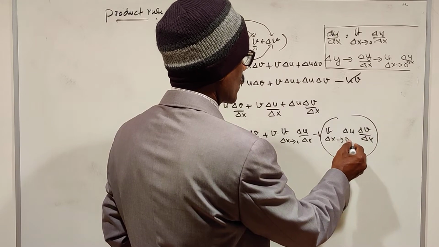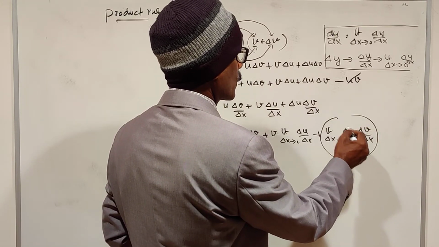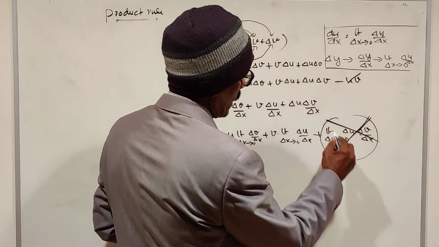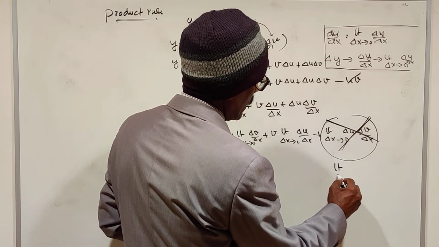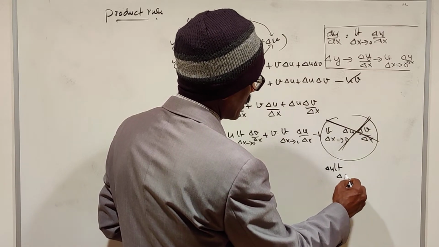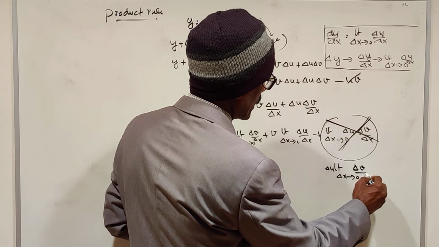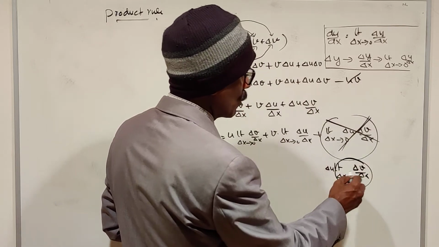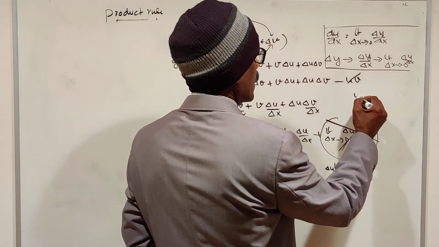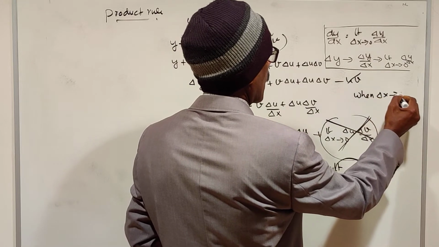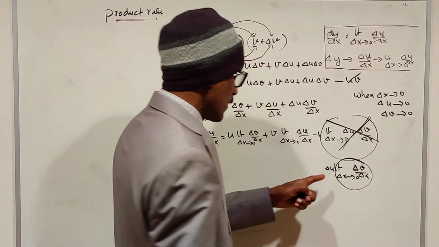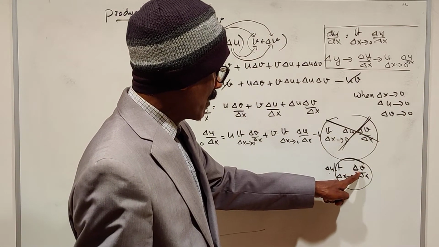So when delta x tends to 0, delta u also tends to 0, and this term cancels out. I take delta u outside, limit delta x tends to 0, delta v by delta x. This is dv by dx times 0. When delta x tends to 0, delta u tends to 0, so 0 times dv by dx is 0.